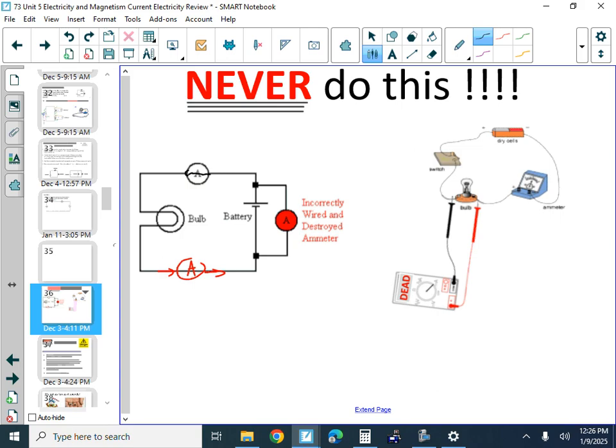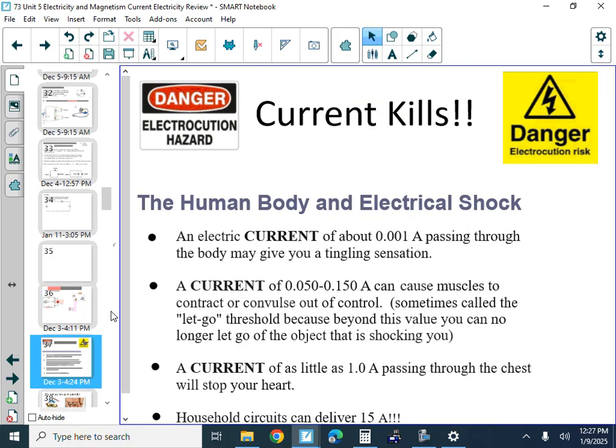If you were to hook an ammeter up in parallel like that, it would destroy the ammeter because they're designed to have no resistance, and so electrons can just go right through. They'll just go in a loop right around like this. It'll short circuit and kill the ammeter if it's not designed to handle the crazy amount of current that would flow, whatever the battery is able to push.